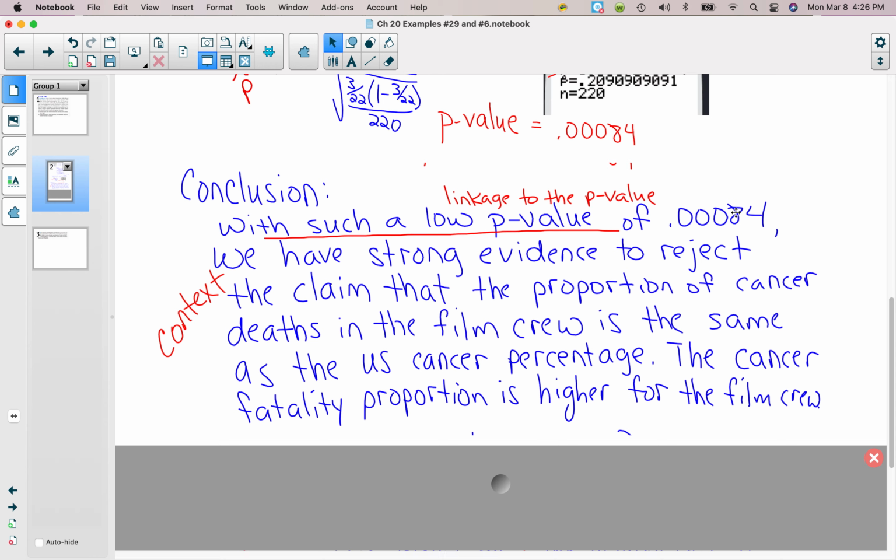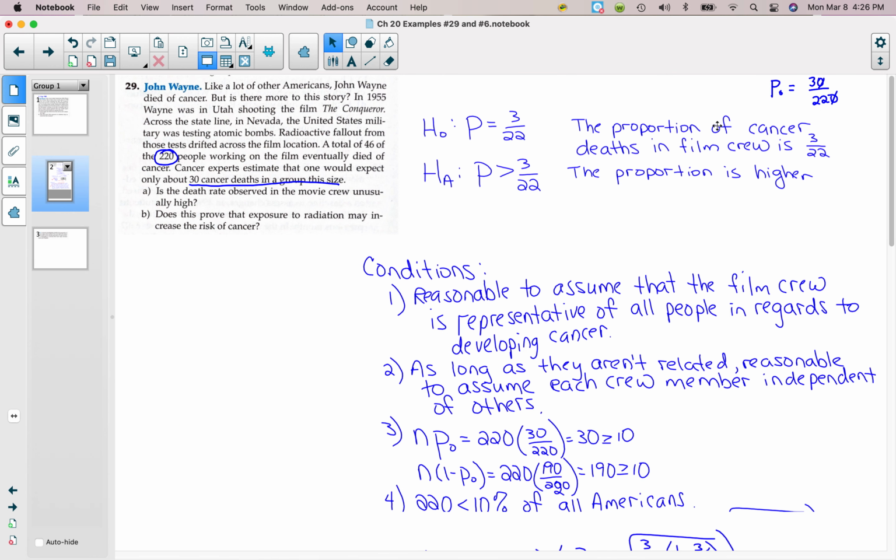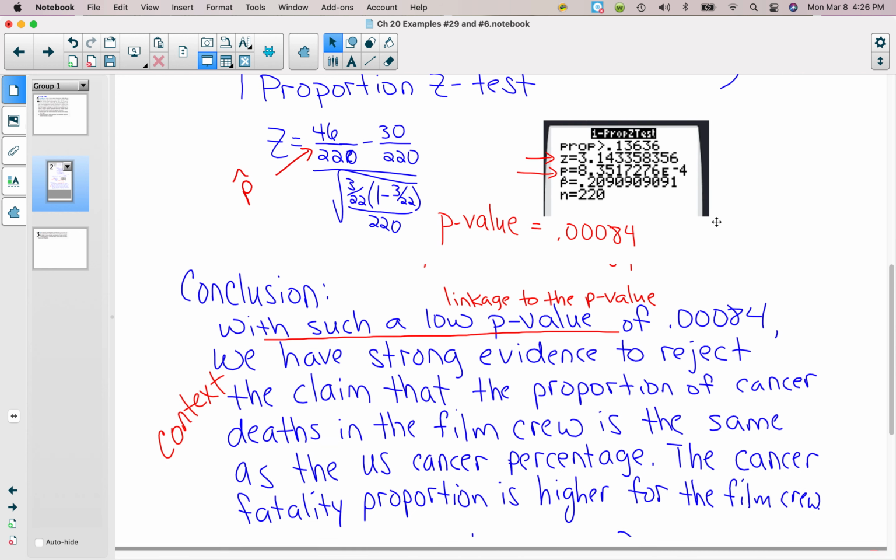So when you reject the null hypothesis, I rejected the null hypothesis, which means I'm going to accept the alternative. If you take the time to write out the words in your null hypothesis and your alternative, then you can go back and borrow those words when you're writing down your conclusion.